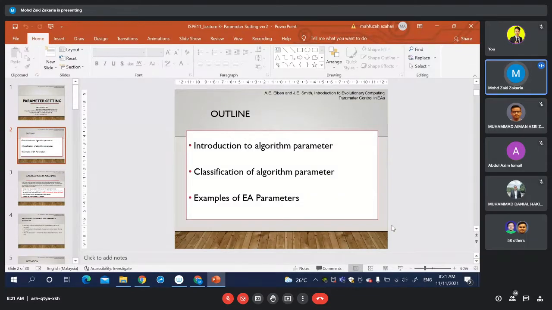Okay, that is the parameter that we need to decide for optimization, and then the mutation percentage. So how to decide, how to determine that parameter? So we discuss after this, and then the example of parameter.